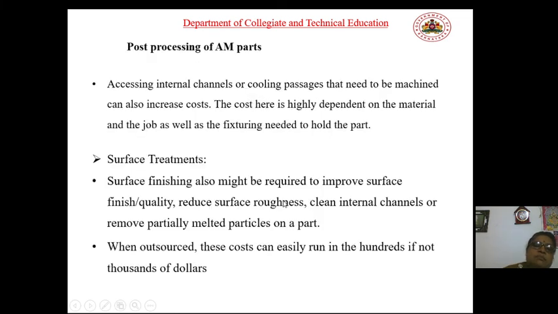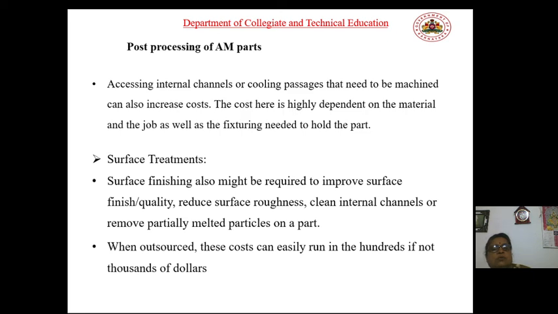Post processing of AM parts also involves accessing internal channels or cooling passages that need to be machined, which can increase the costs. Costs are highly dependent on the material and the job, as well as the fixturing needed to hold the parts.